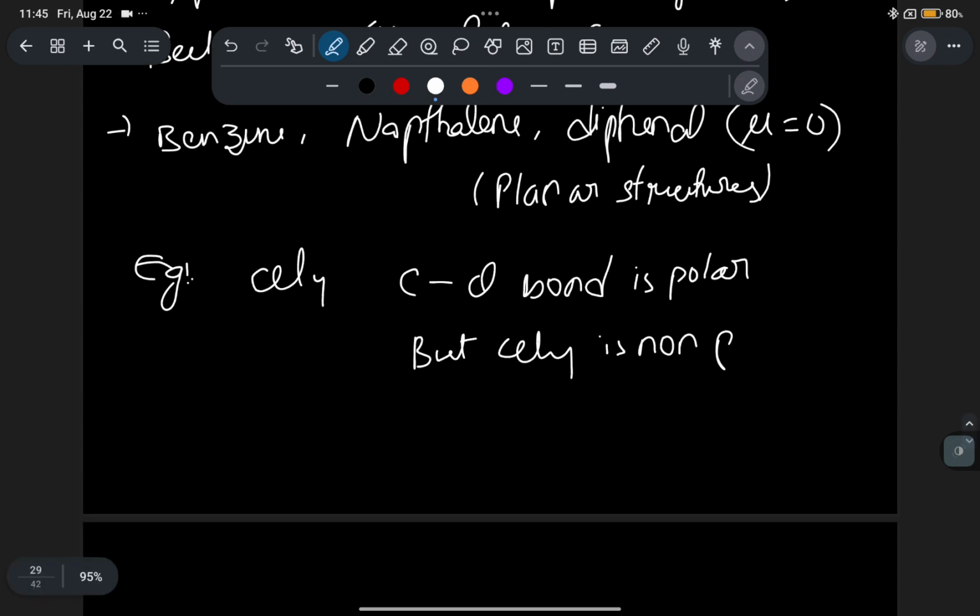See here, it is non-polar. Why? Because there will be some dipole moment differentiations.